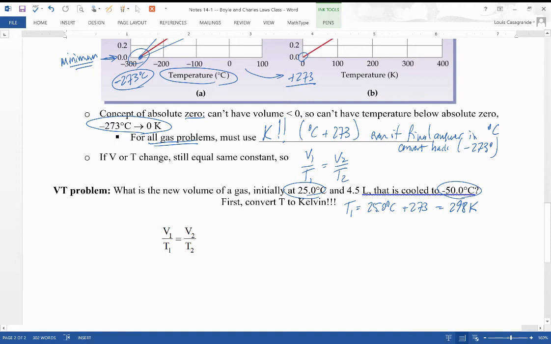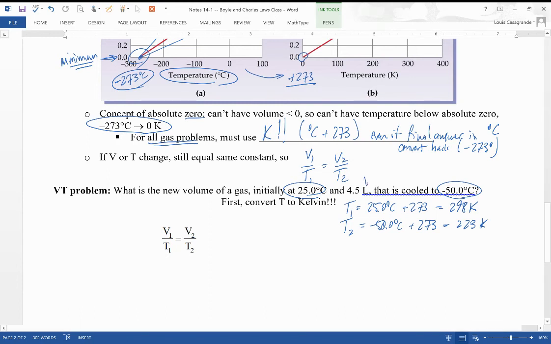If you put one in, I won't mark you wrong, but you'll never see me putting it in. And you're going to see 298 as a very common temperature, because that's room temperature. And T2 is negative 50.0 degrees C plus 273, and that equals 223 Kelvin.